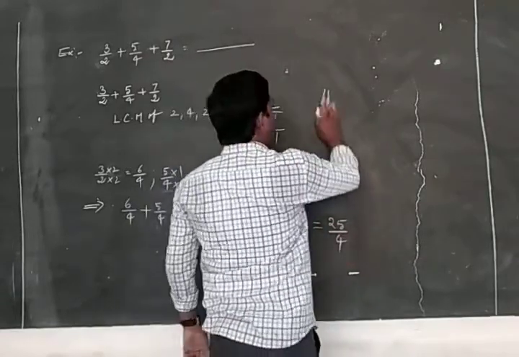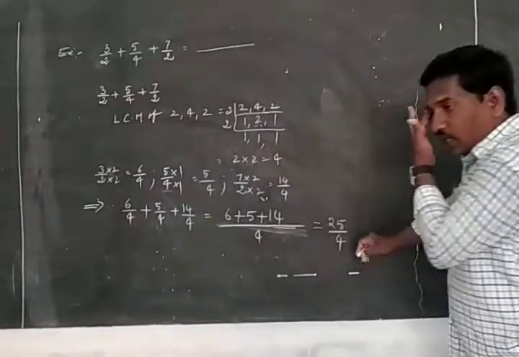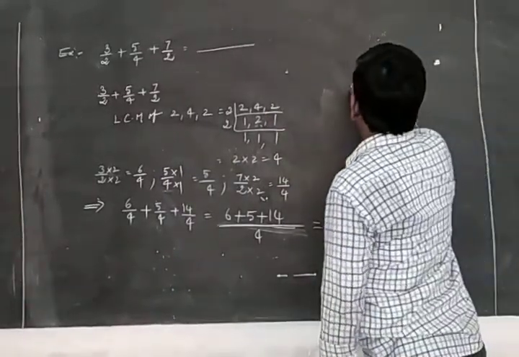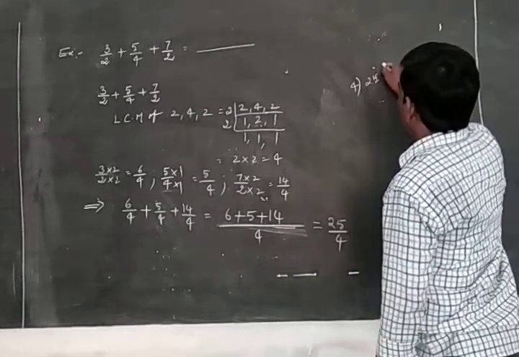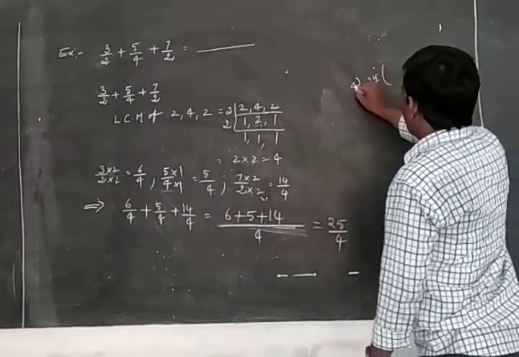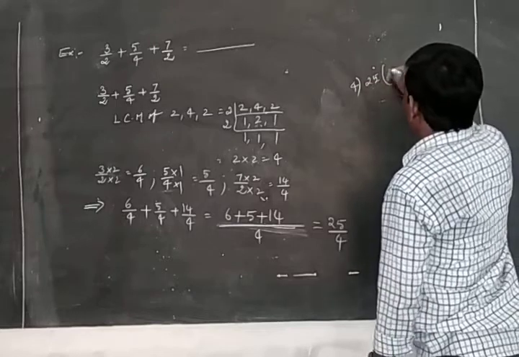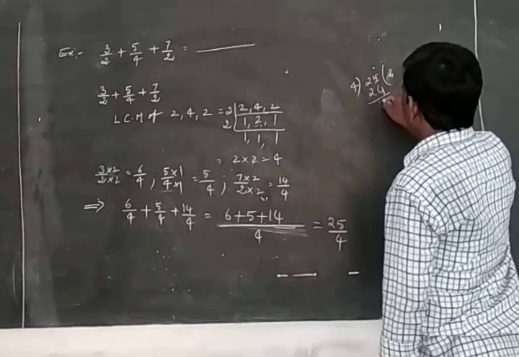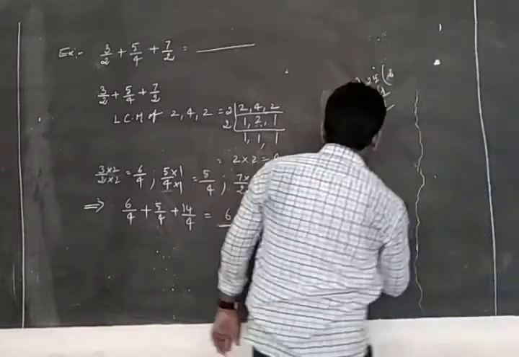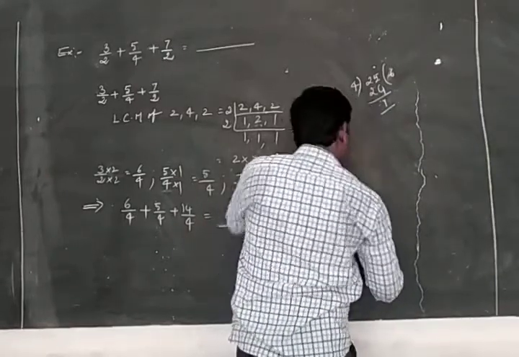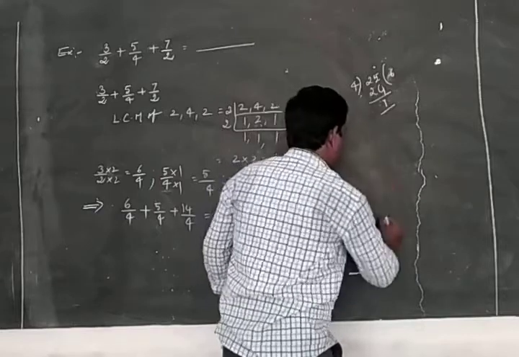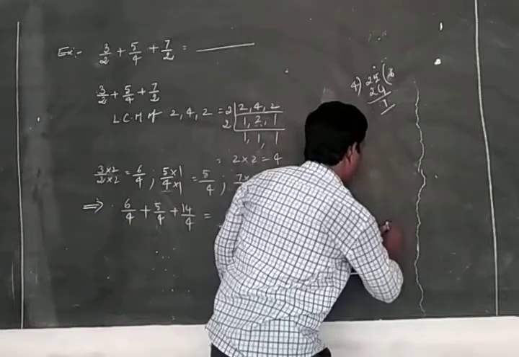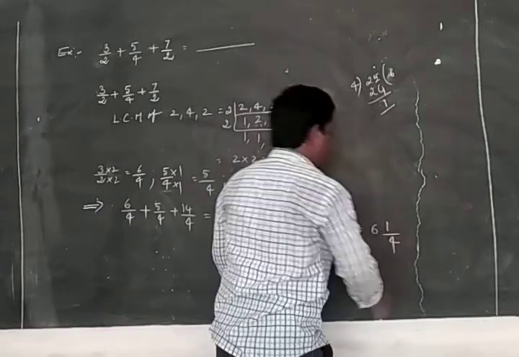If you want to change the given fraction to a mixed fraction, this is an improper fraction. How many times? 6 4s are 24. That means remainder 1. So we write 6 1 by 4.